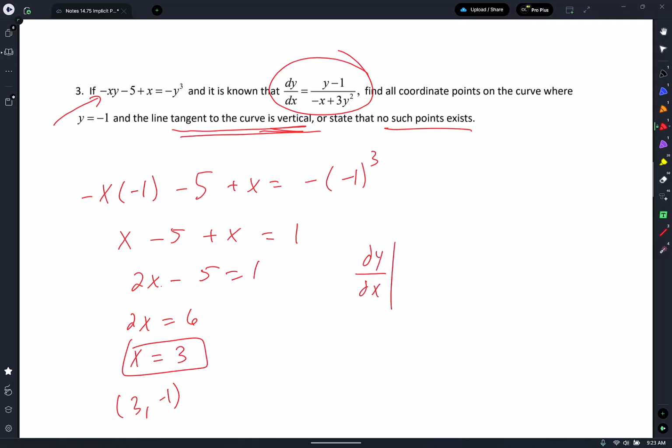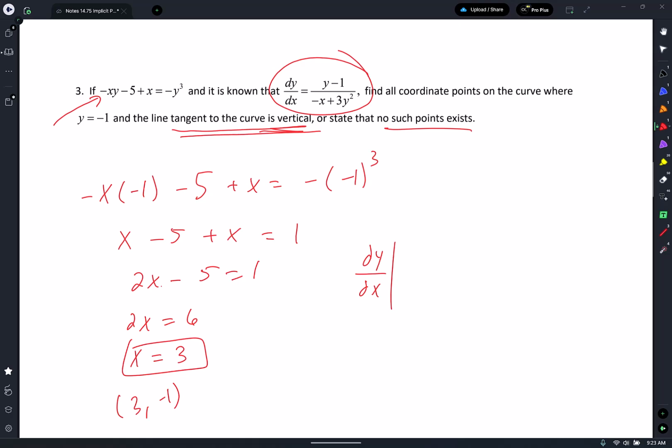You said if you do have a defined slope, no point exists? Let me say that again. Because it's possible for this to be undefined, of course. But I'm trying to find a tangent line that is vertical. So if I'm going to be a tangent line, I need to be on the curve, right? Well, the only way that I'm going to be on this curve where y is -1 is if x is 3.